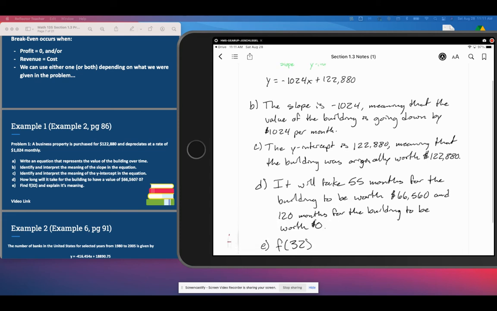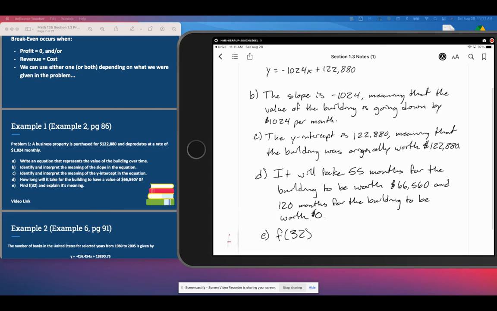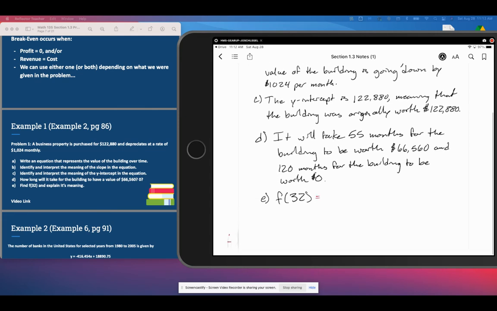And so f of 32 is negative 1024x plus 122,880. Now, Wolfram is not going to like f of 32. So do not put f of 32 in Wolfram because you'll end up with something that you don't want.